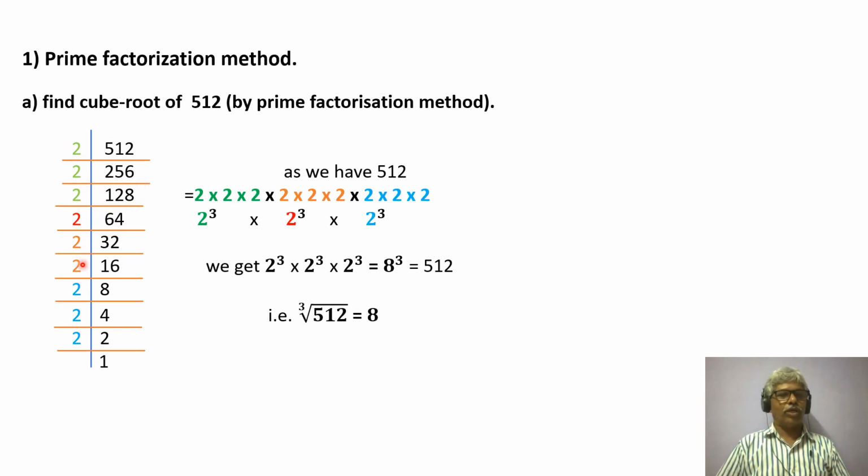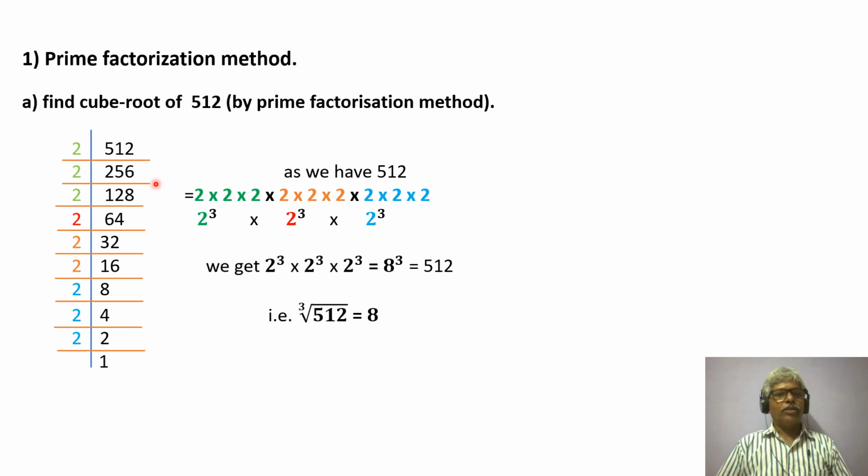Like that you find the factors and write them in this manner so that it becomes very easy to group them in groups of 3. These 3 will be one group of 2 cube, another 3 another group, and these 3 again 2 cube. So we get 2 cube into 2 cube into 2 cube, equal to 8 cube, equal to 512.